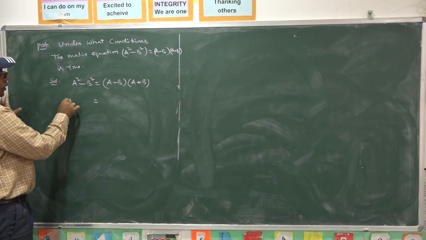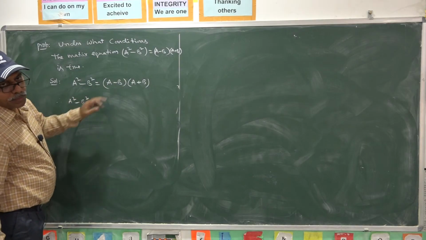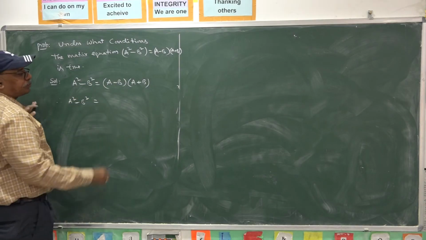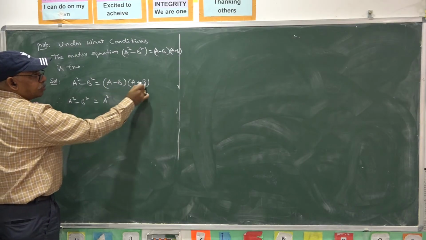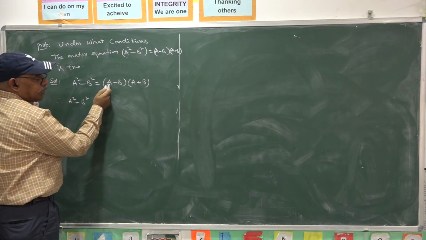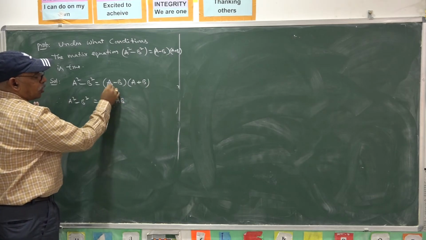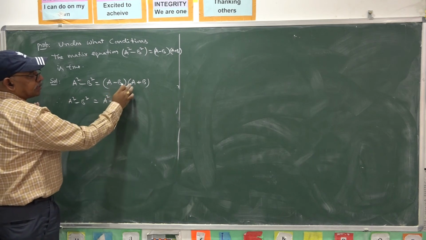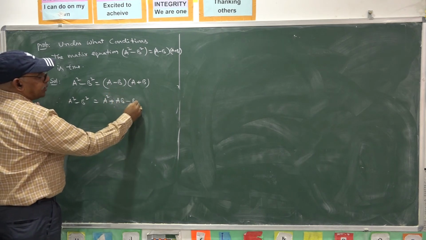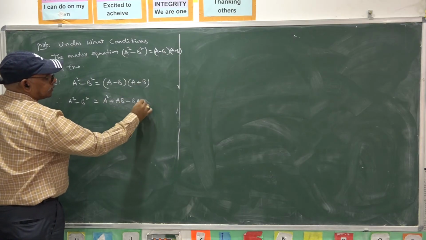Therefore, A square minus B square equals, taking the product of these two, A into A square, A into B. Here the pre-multiplier is A, the post-multiplier is B. You have to maintain the order. So AB, similarly, minus B into A, minus BA, minus B into plus B, minus B square.